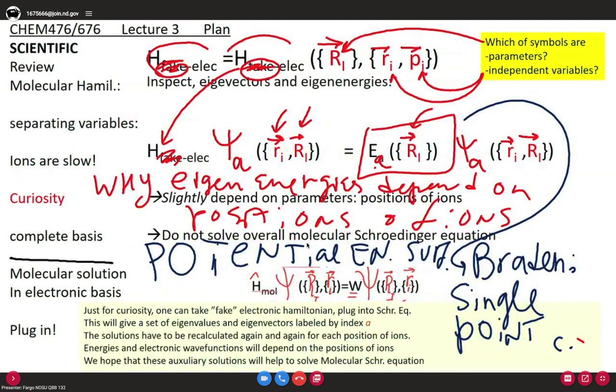We know that it is not possible with absolute precision, but at least approximately. So if we do know the solution of the electronic part, how do we find the solution of the nuclear part? Or how do we find the solution of the overall Schrodinger equation, with psi capital depending on both electronic and nuclear degrees of freedom?